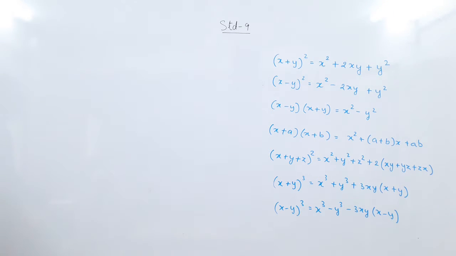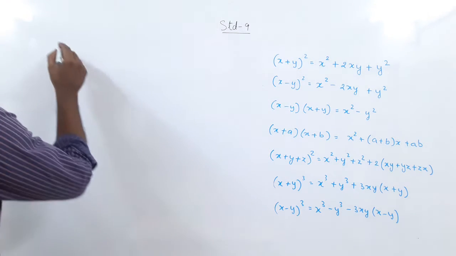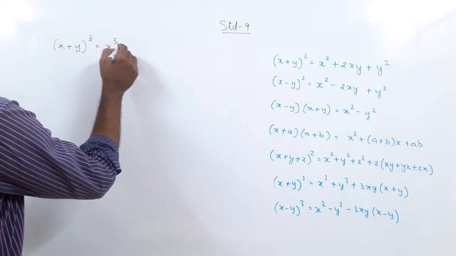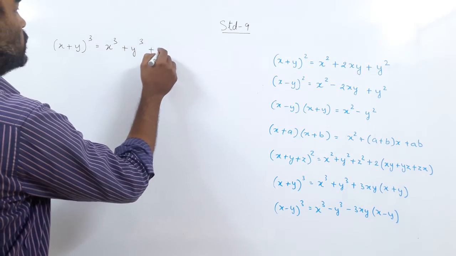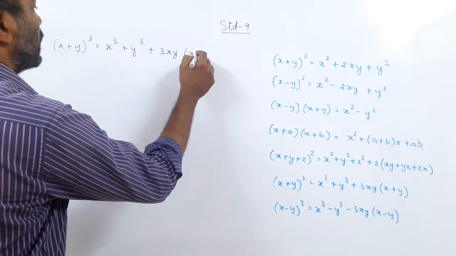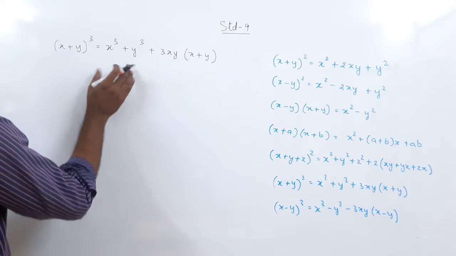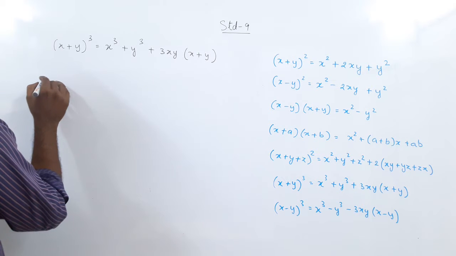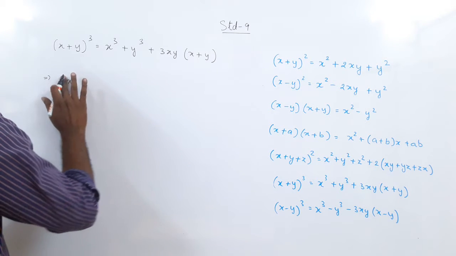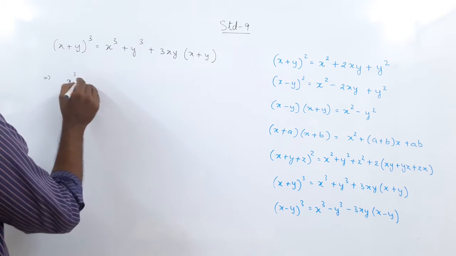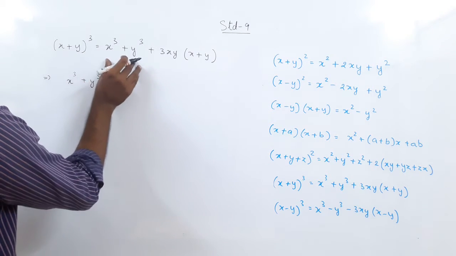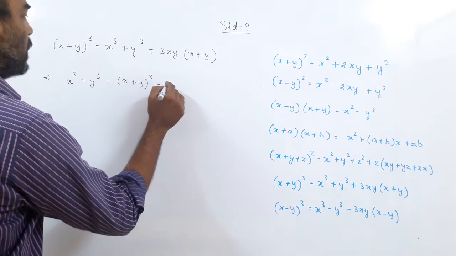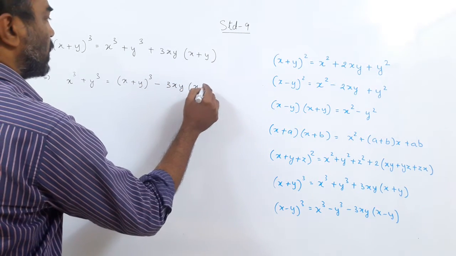So let me write down the formula first as it is. (x plus y) the whole cube is x cube plus y cube plus 3xy into bracket (x plus y). I will keep this as it is and take this on the other side. So this implies x cube plus y cube, keep it as it is, I get (x plus y) the whole cube minus 3xy into bracket (x plus y).